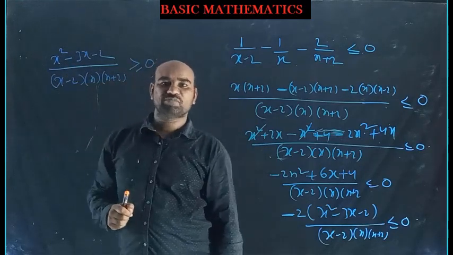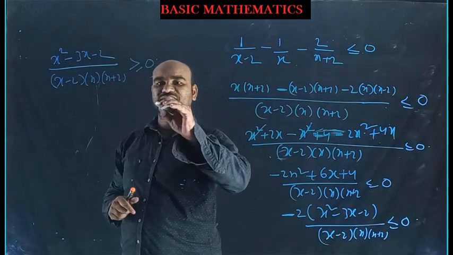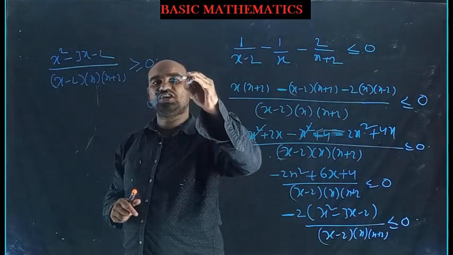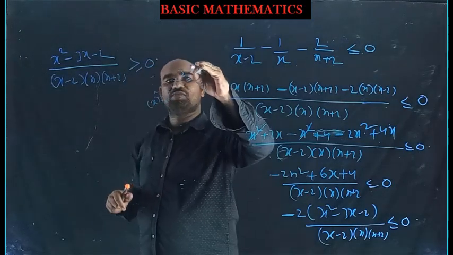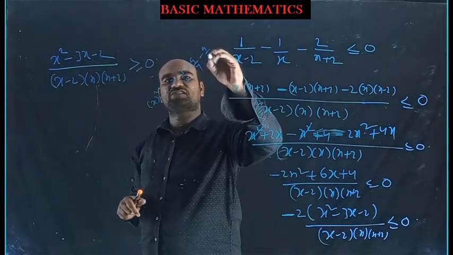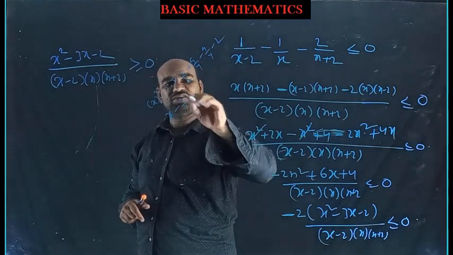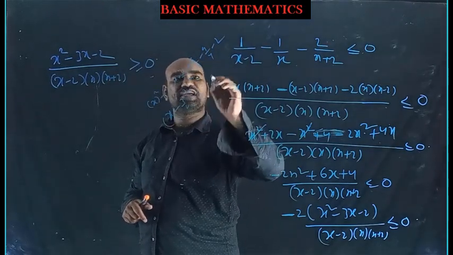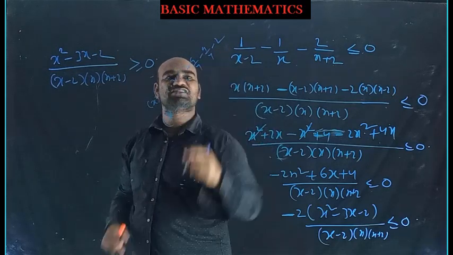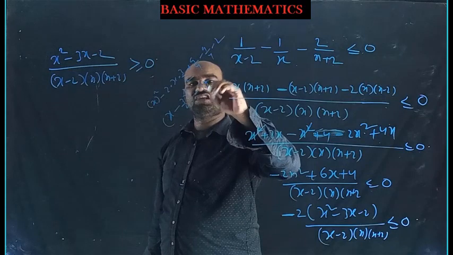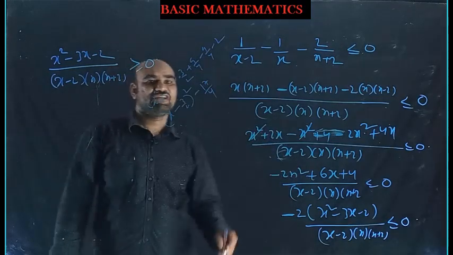We want to use the concept of perfect square. So I am using here x whole square minus 2 into x into 3 by 2, I can write this one, plus 9 by 4 added, 9 by 4 subtracted, minus 2. Or x minus 3 by 2 whole square minus 9 by 4 minus 2, that is 17 by 4.